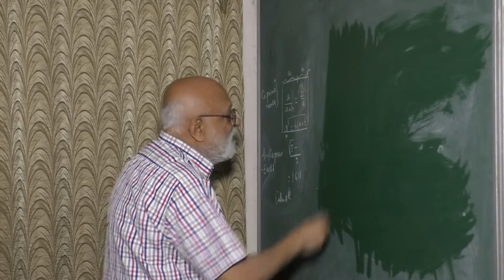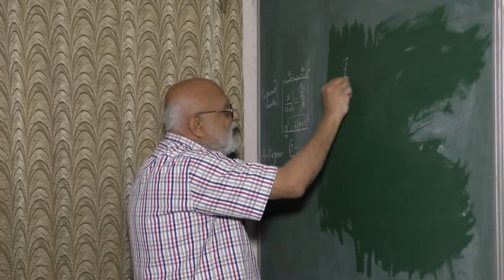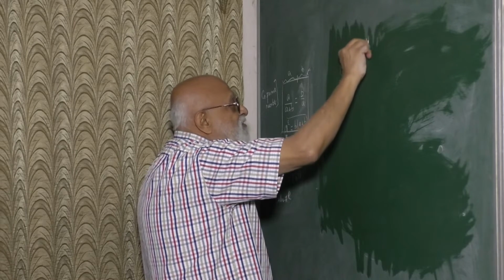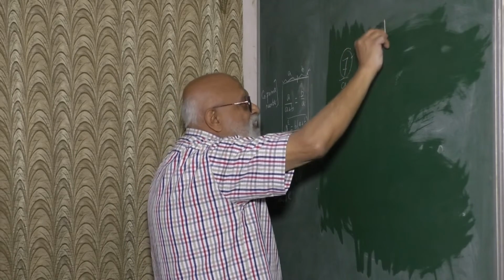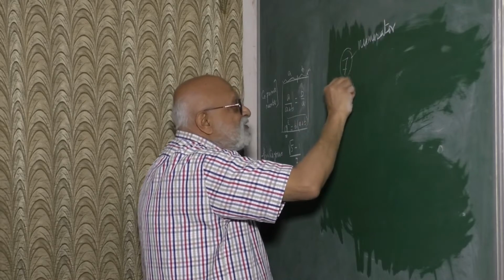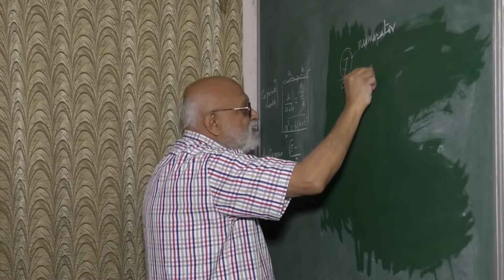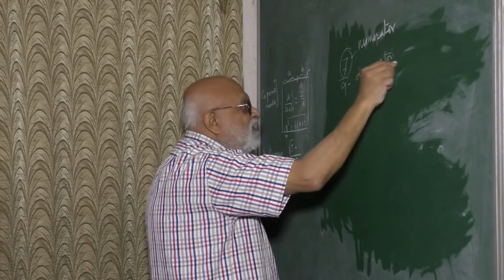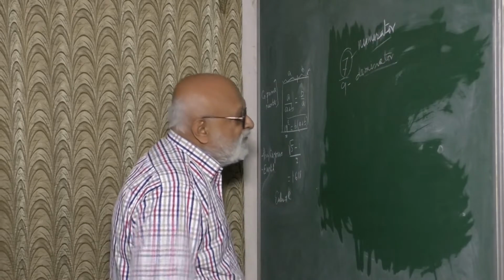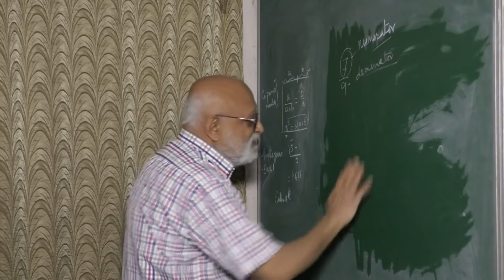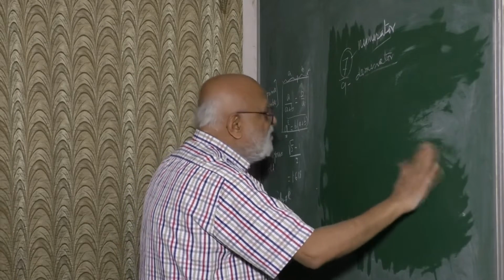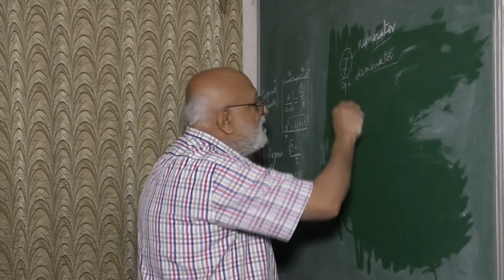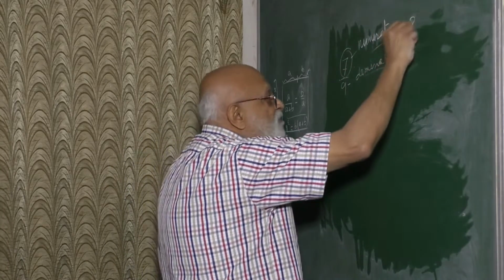So I will again pick up the same example, 7 by 9. So 7 is the numerator, and this is the denominator. We have been doing this since class 6, when we learned how to divide. And here, first of all, this is in the form P by Q.